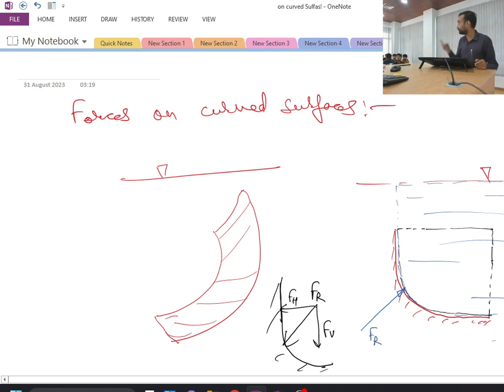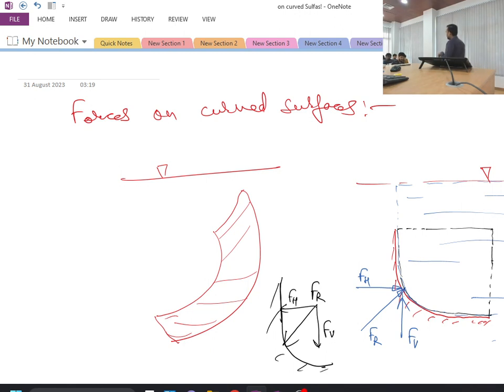Is this point clear? This force also has two components: one is Fh and one is Fv. If, by doing the equilibrium analysis for this liquid control volume, I can estimate the values of Fh and Fv, then ultimately I am calculating the force which is acting on the curved surface. Is this point clear?